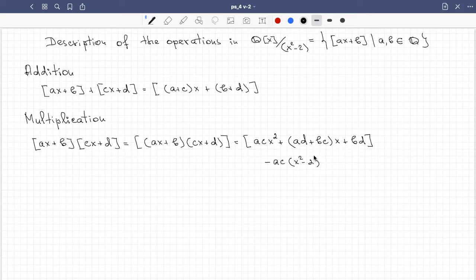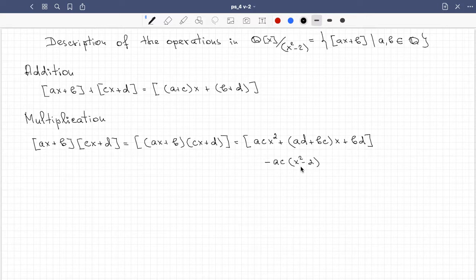The difference between the two polynomials is going to be divisible by x squared minus 2, a multiple of x squared minus 2, ac times x squared minus 2. So we are in the same class, but we will kill the leading coefficient.